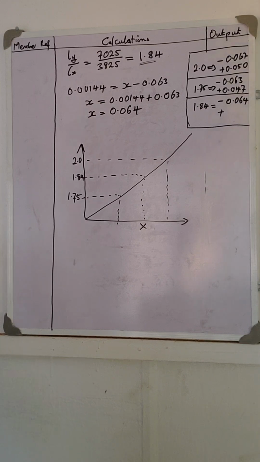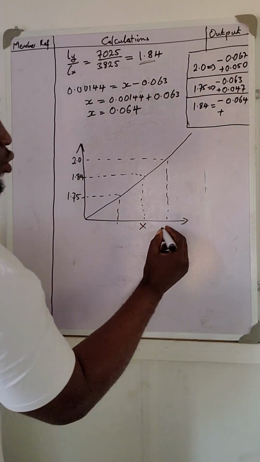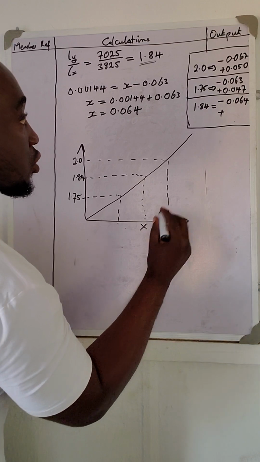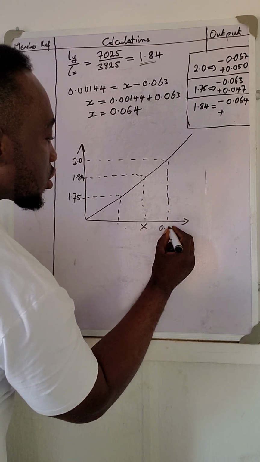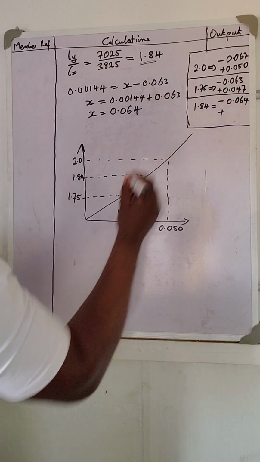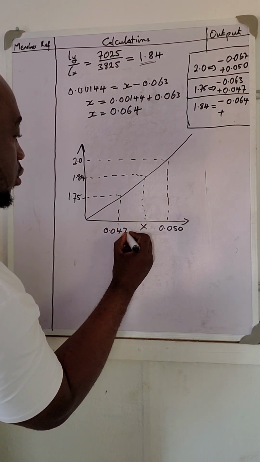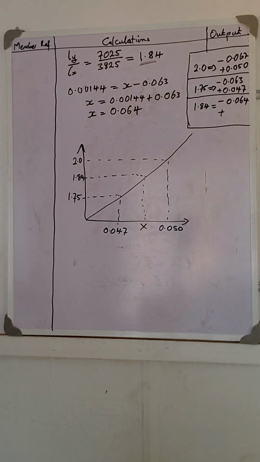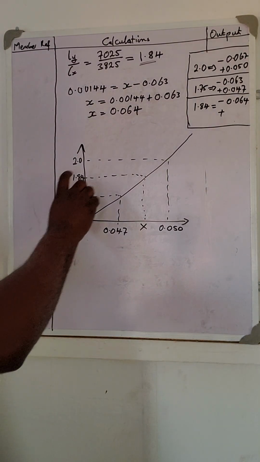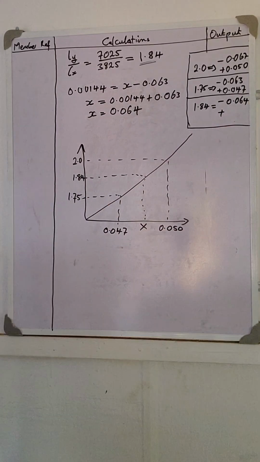So what's our positive coefficient for 2? Our ratio will have 0.050. Then for 1.75 we have 0.047. So we're also going to compute for this so that we get our positive moment value.